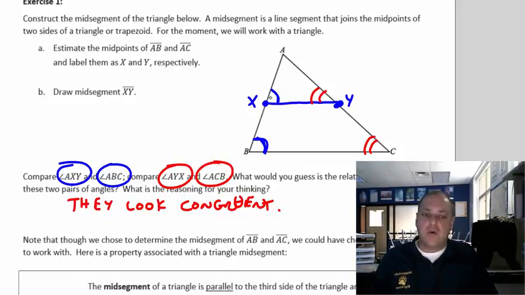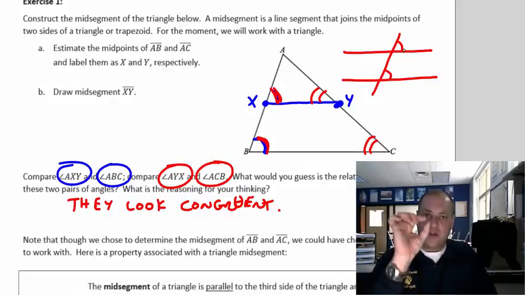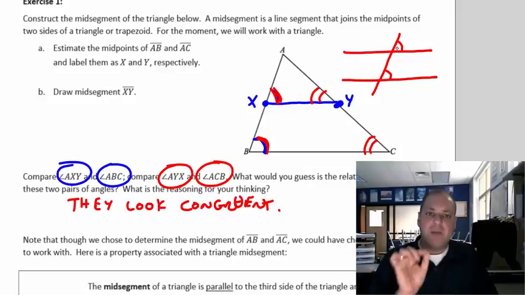It turns out they are congruent, and if you remember from earlier in the year, when you have congruent angles like this, these are called corresponding angles. When you have corresponding angles congruent, what does that mean? If I have two lines cut by a transversal and the corresponding angles are congruent, that means the lines are parallel.